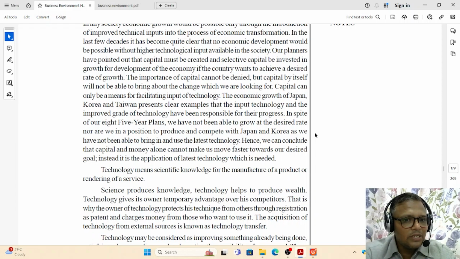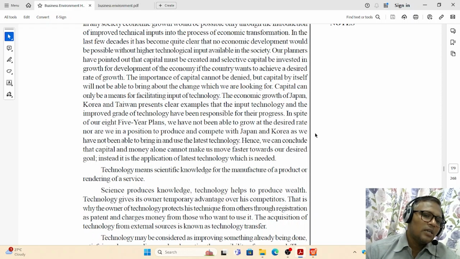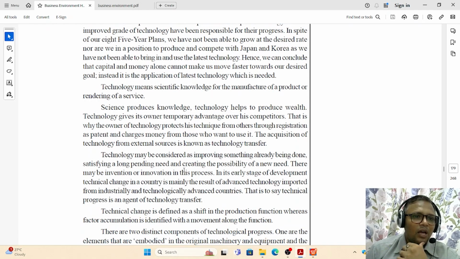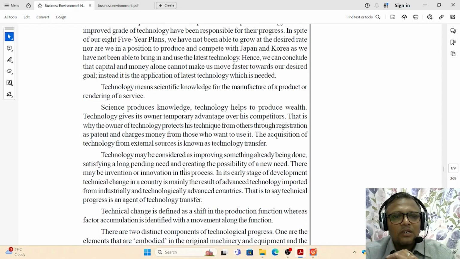Thus, technology means scientific knowledge for the manufacture of a product or rendering of services. Science produces the knowledge, technology helps to produce the wealth. Technology gives the owner a temporary advantage over his competitors. That is why the owners of technology protect their technique from others through restrictions such as patents and charge money from those who want to use it.